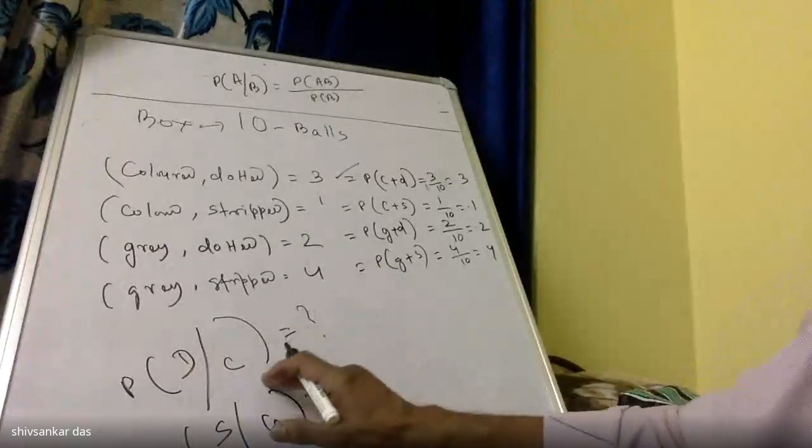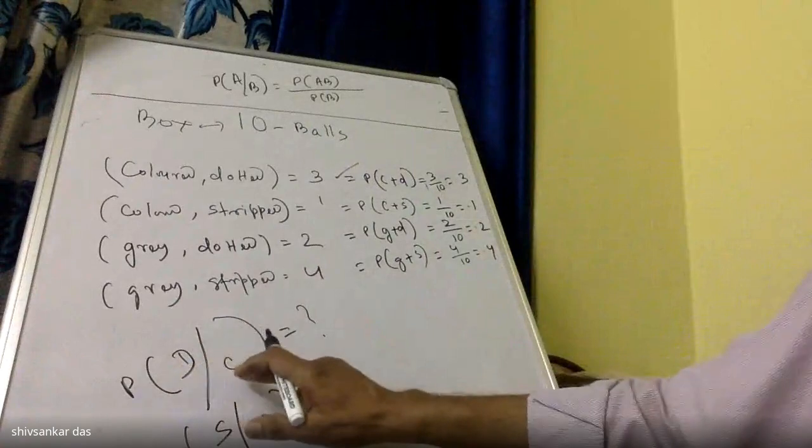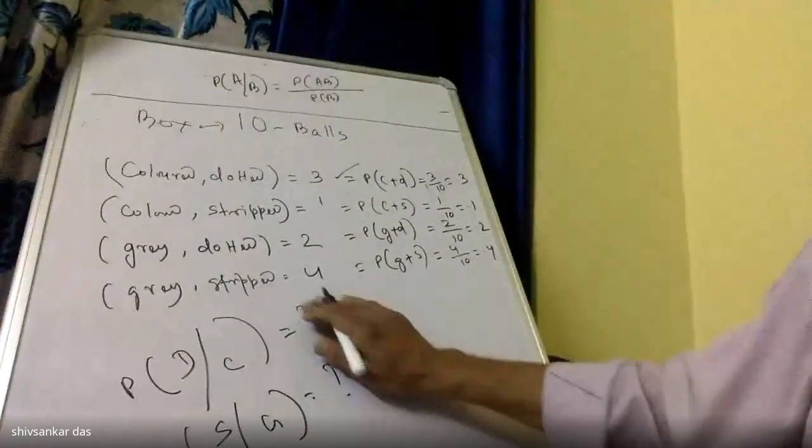Now the probability of dotted given color. So what can we write?